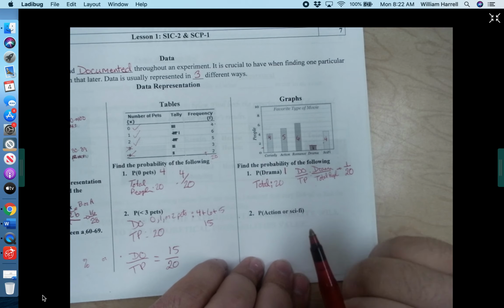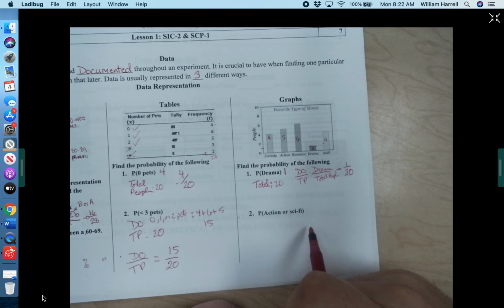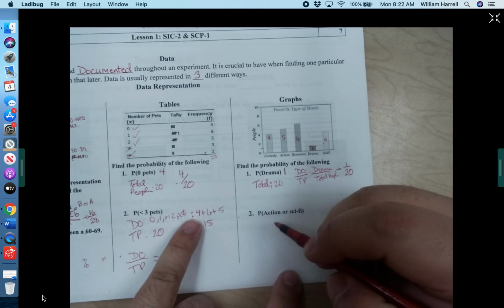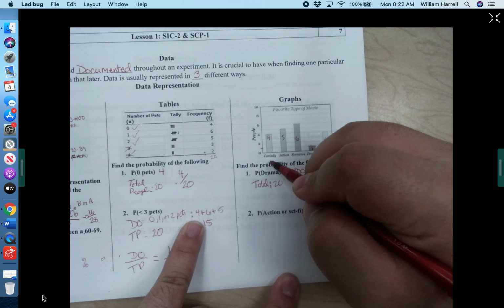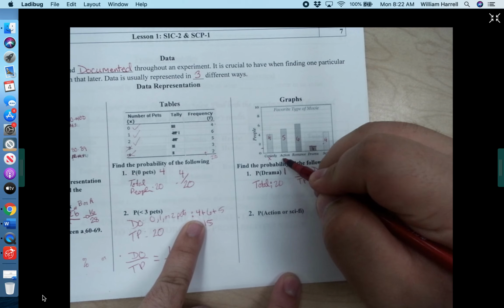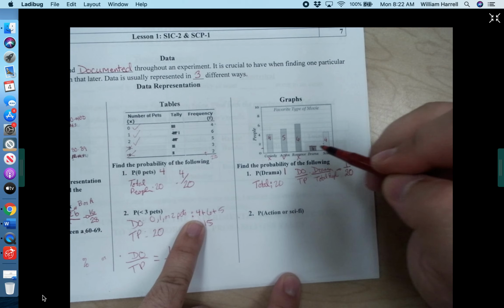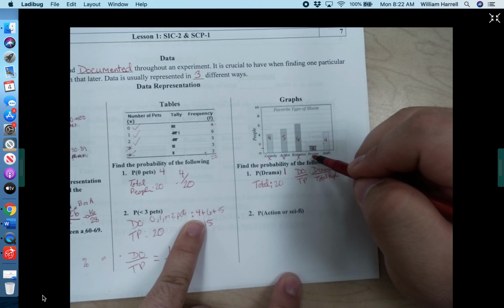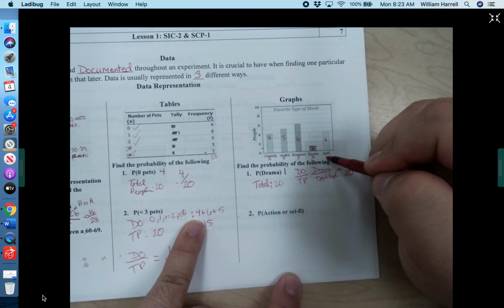Alright. So again, this time for y'all, find the probability of action or sci-fi. Okay. So action or sci-fi. If you're action, you're what I want. So comedy, don't want it. Action, I want it. Romance, no. Drama, no. Sci-fi, yes.